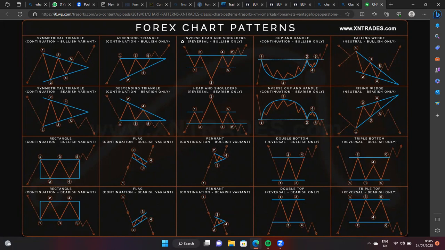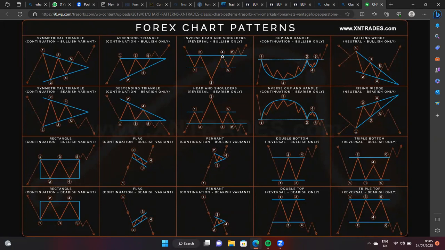This was a lower low, this was a lower high, this was a lower low, this was a lower high, a lower high bridging between the previous lower low, lower high, and the current.